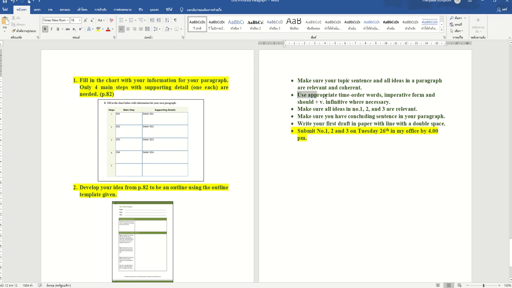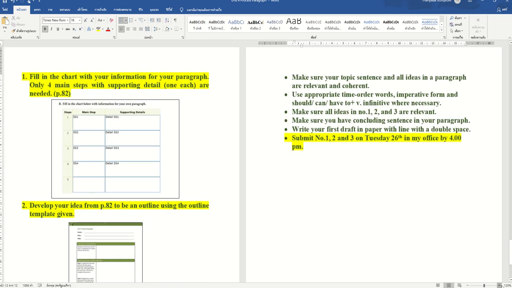And also use appropriate time order words, imperative form, and should, have to, or any other auxiliary verb plus verb infinitive if it is necessary.